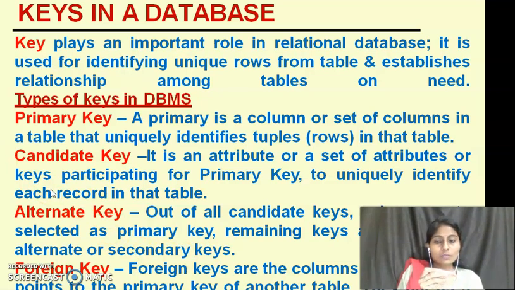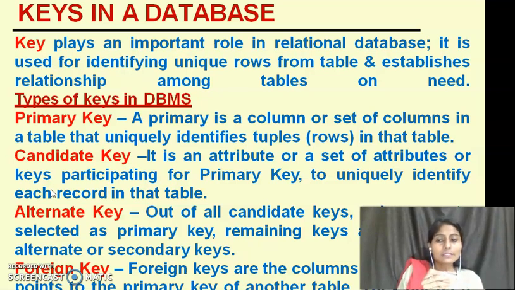So first of all, you have to remember that primary key is a single field that is used to uniquely identify the record in a table. If such a type of column is not available in the table, then we will prepare the primary key, or we will create the primary key by a combination of more than one column.